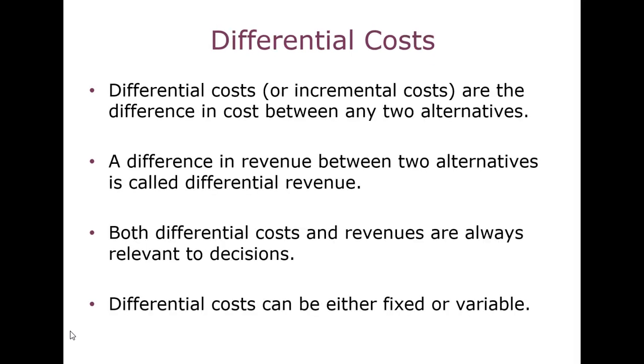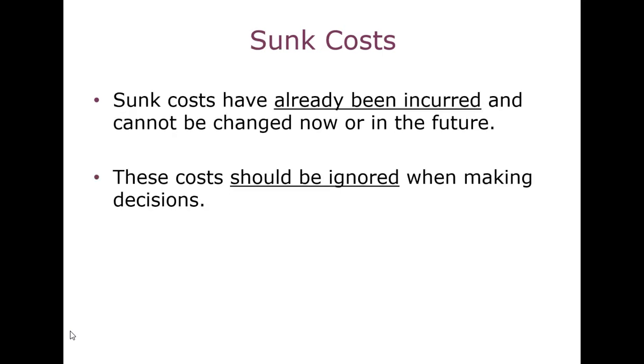Differential costs are the ones that differ between any two alternatives. A difference in revenue can also be discussed here, and they differ between two alternatives also. Both differential cost and revenues are always relevant to decisions, and differential costs can either be fixed or variable.